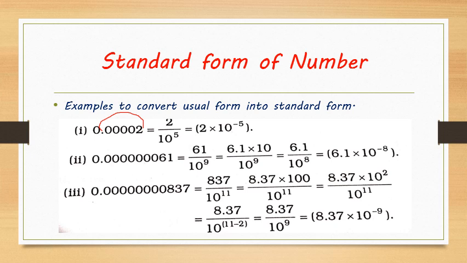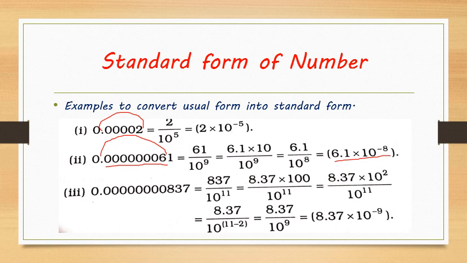Now 0.0, so how many zeros are there? 3 zeros. So now we have to shift this decimal to the right of 6. So how many digits do we have to move now? 8 digits. So we have to write here 6.1 into 10 to the power minus 8. Okay.